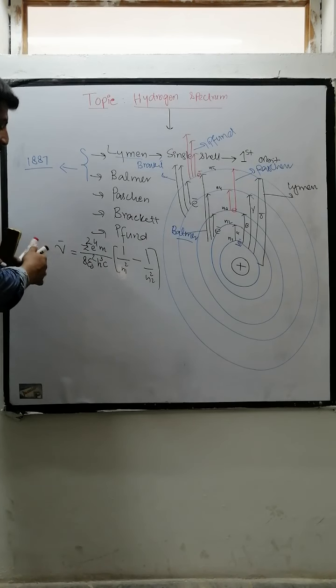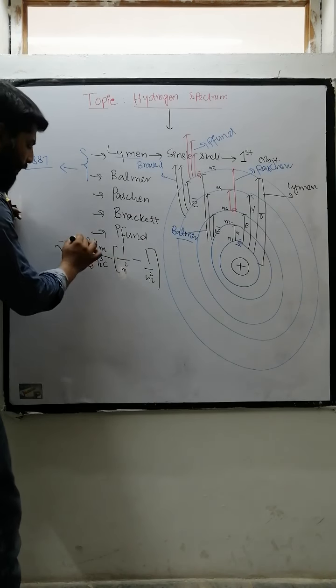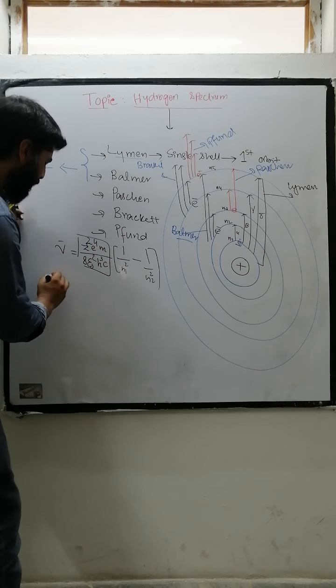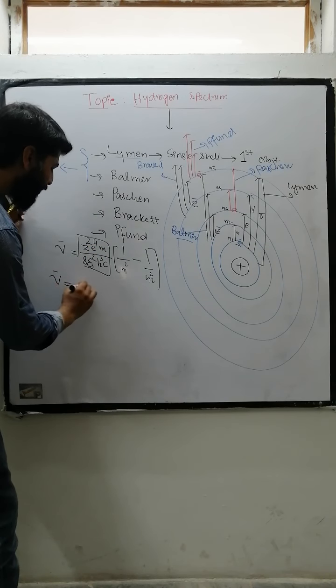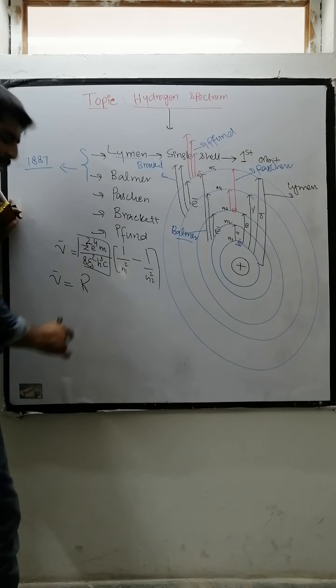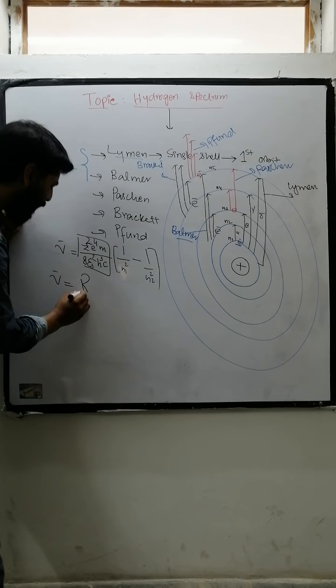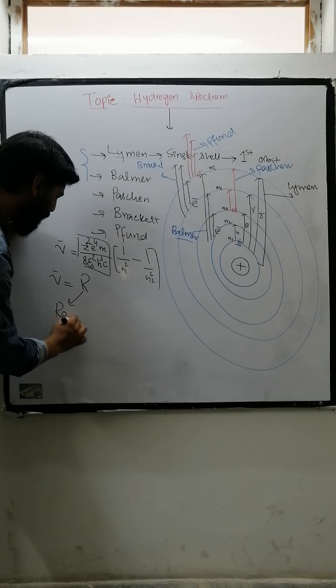So all of these constants together have a specific value which is known as constant R, and this constant R is known as Rydberg's constant.